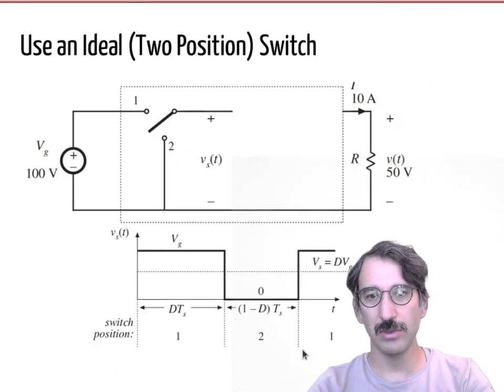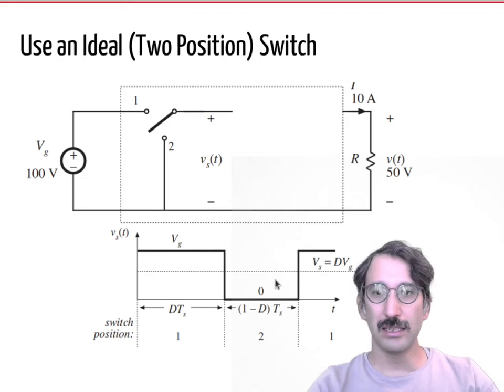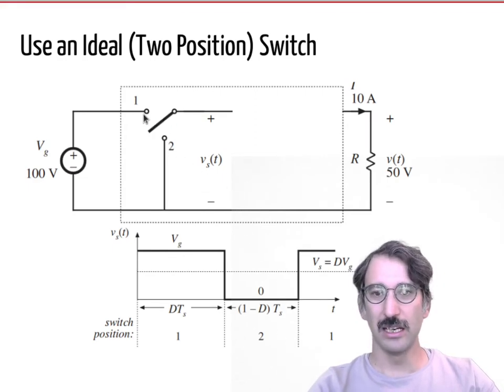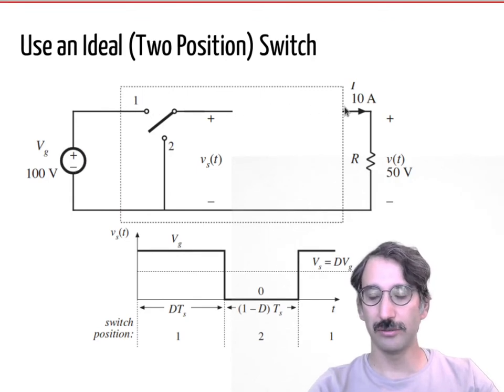So what we can do is use an ideal two-position switch. If it is at position 1, you can directly conduct 100 volts here, and if it's at position 2, the output voltage will be 0 volts.